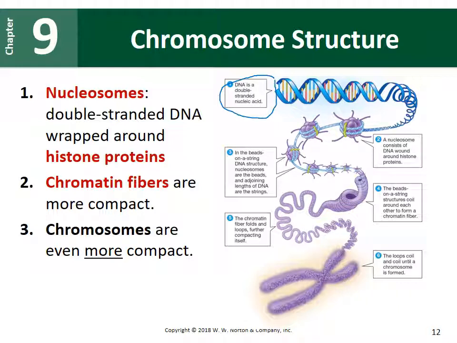So what happens first is this DNA, it's wrapped around proteins called histone proteins. And that combination of our double-stranded DNA and these histone proteins, that creates what's called a nucleosome. These nucleosomes zigzag back and forth to create what are called chromatin fibers. Those chromatin fibers compact down even more to make individual chromosomes.